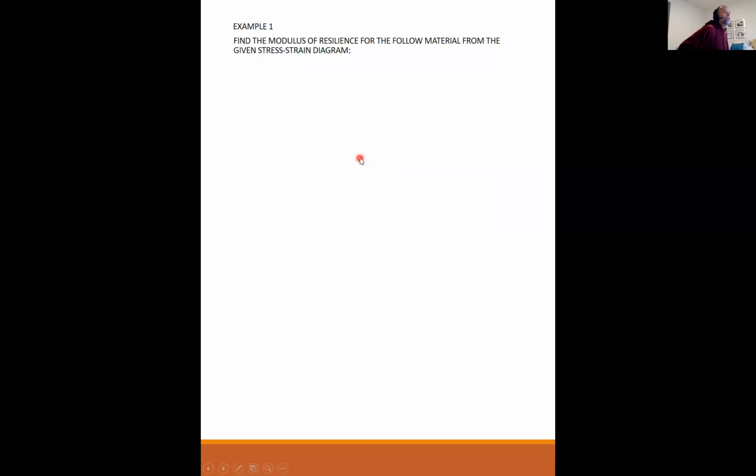Okay, let's do some examples, put some numbers to this. If we want to find the modulus of resilience for the following material from a given stress strain diagram. Okay, so here's my stress strain diagram, and I want the modulus of resilience. Solution.